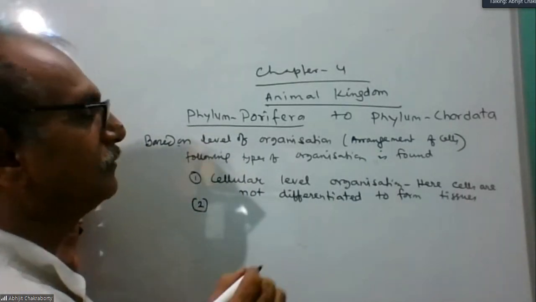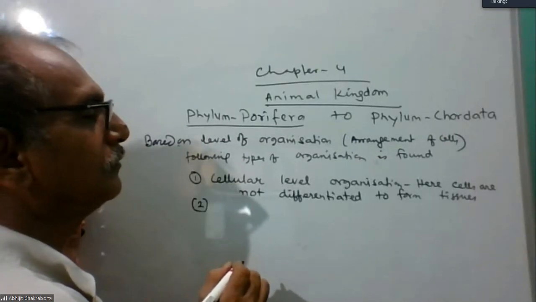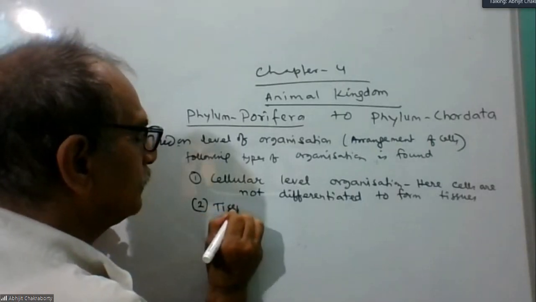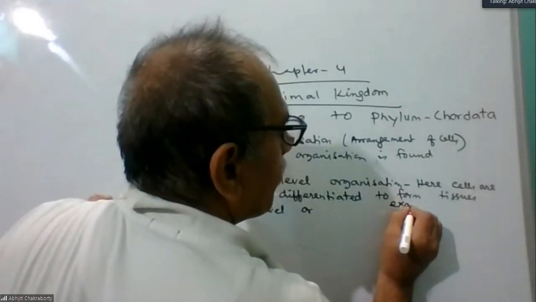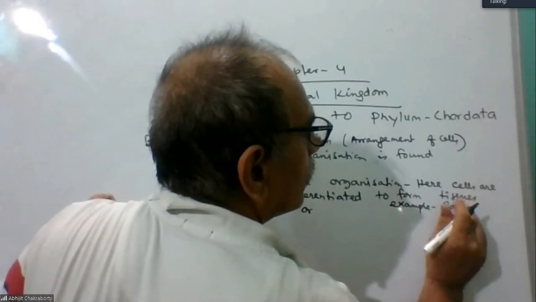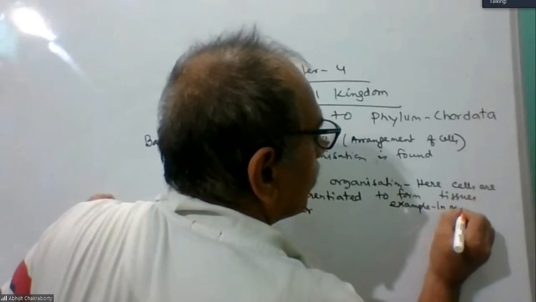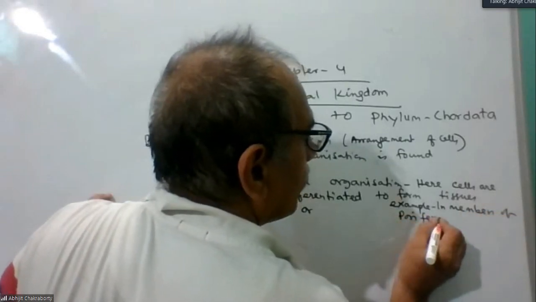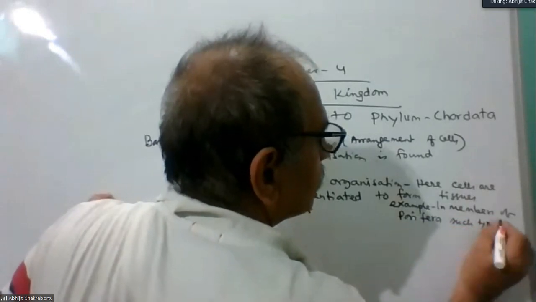Second, tissue level organization. For example, in members of Porifera, such a type is found.